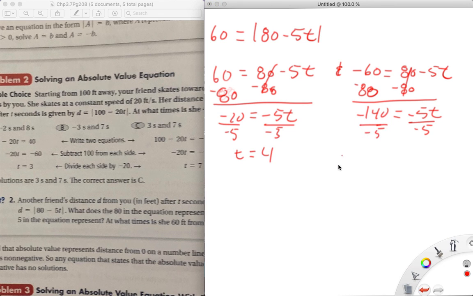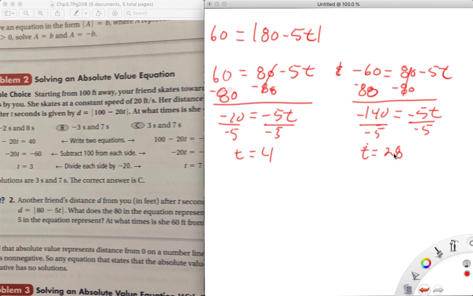And I get 28. 5 goes into 14 two times. 2 times 5 is 10, with a remainder of 4, 4 drops.